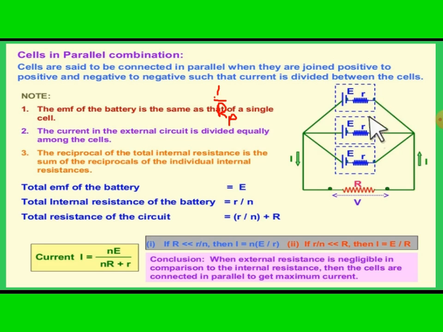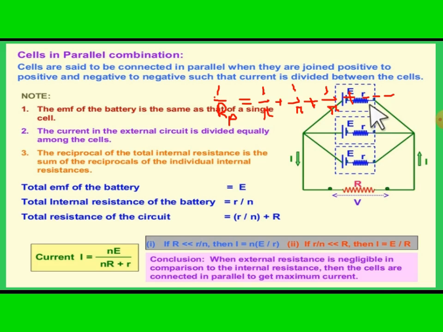Let's take it that these are the individual resistors connected in parallel, so it will be equal to 1 by R. If you take this as the first resistance, then for the second resistance also you have to take 1 by R like this. For the third resistance also you have to take 1 by R, and you need to go on with such 1 by R as long as the number of cells connected.